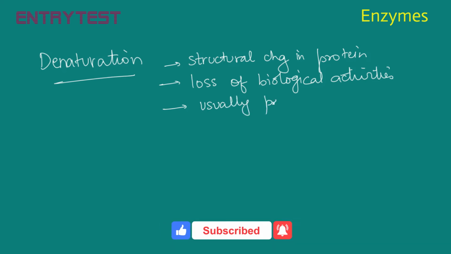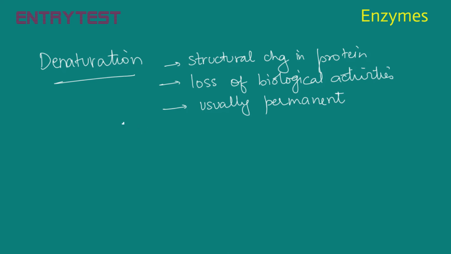That means the enzyme cannot go back to the original shape or activity. Heat and pH are two important agents that can bring about denaturation.